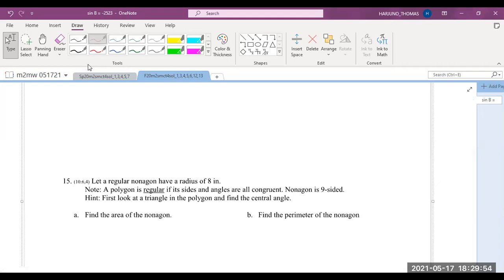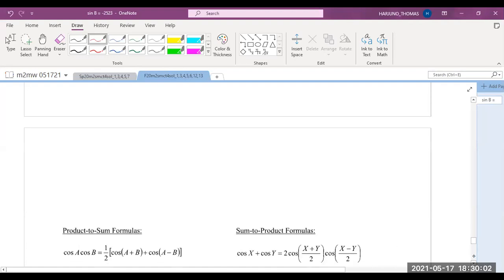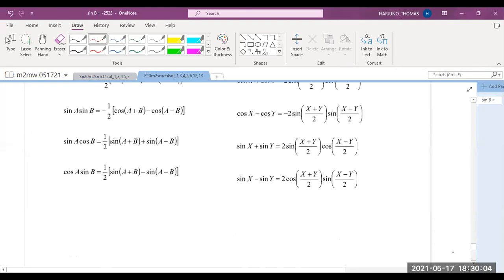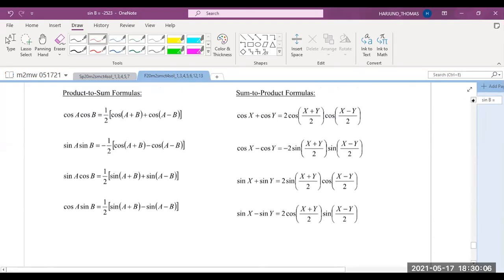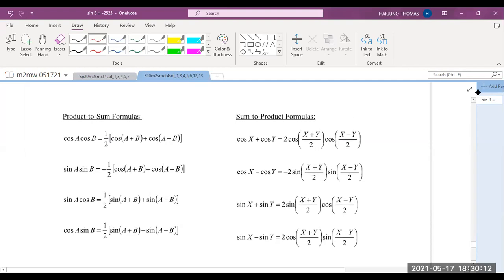This is actually 7.1, 7.2. In your test later on, I will give you the formula for sum to product and product to sum formula. Okay, so question number 14.